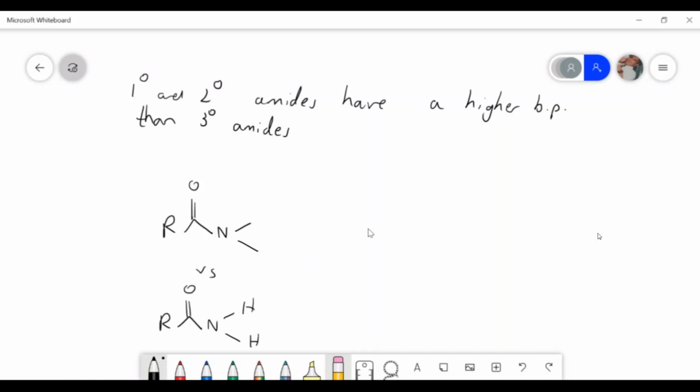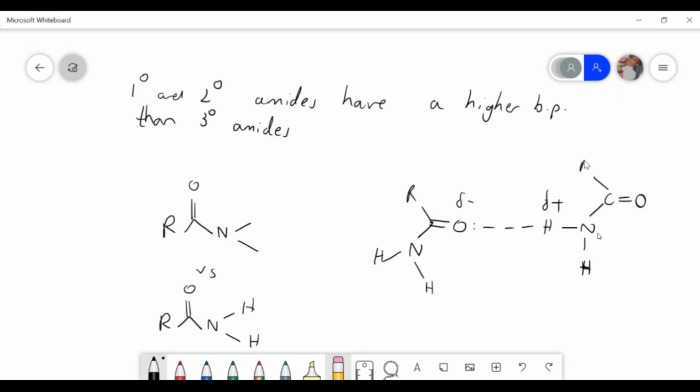So if I were to draw it out, it's R-C=O and H-H. This is how the hydrogen bonding will look, with the partial positive and negative charges, H...O=C-R. So this is how the hydrogen bonding looks in case you guys didn't know.